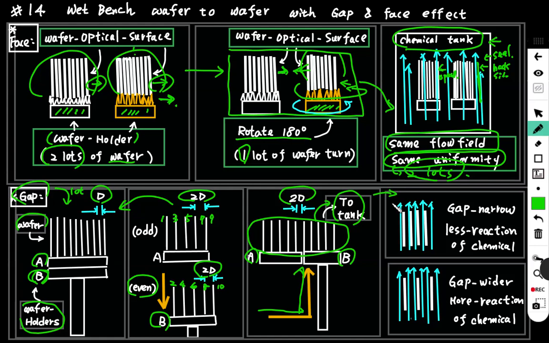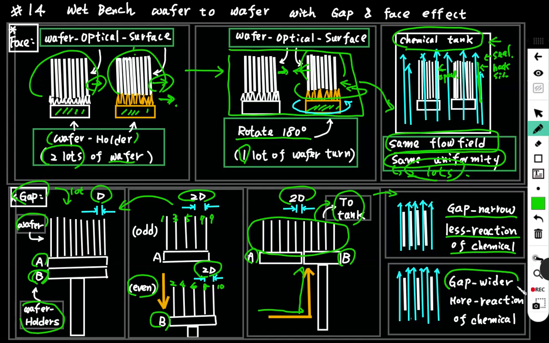While we make the bigger gap between the wafers, the wafer gap narrow, you can see that less chemical flow between the wafers, so the less reaction of the chemical.